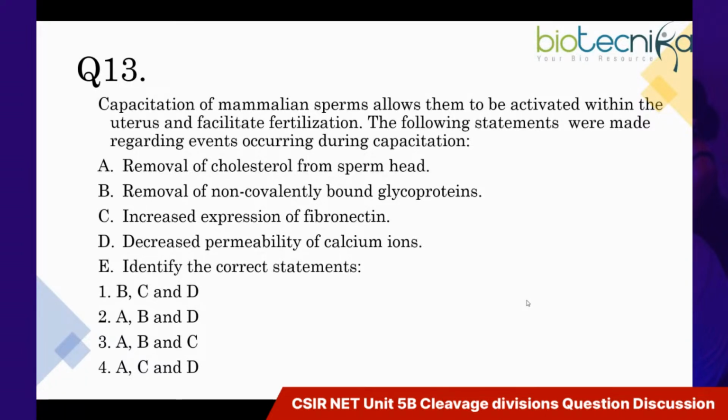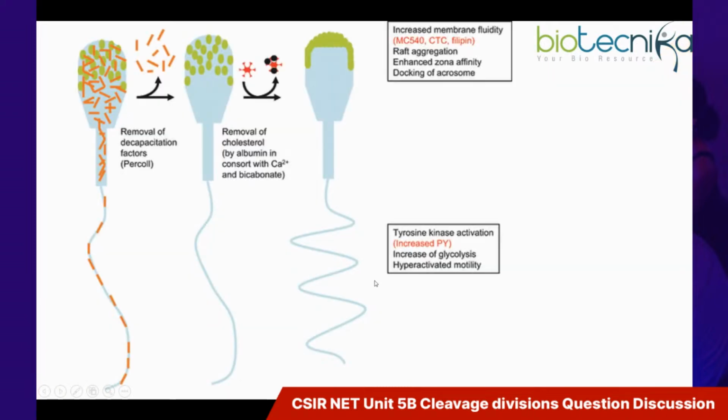Okay, so Surinder, Achal, both of you have mentioned option 3. All right. So here, the correct option is A, B, and D. See what happens. The removal of capacitation factors happens during this. So I will just show you this diagram.